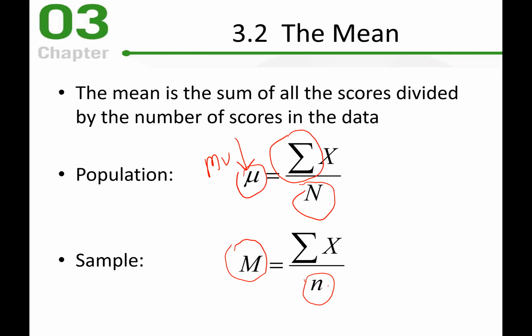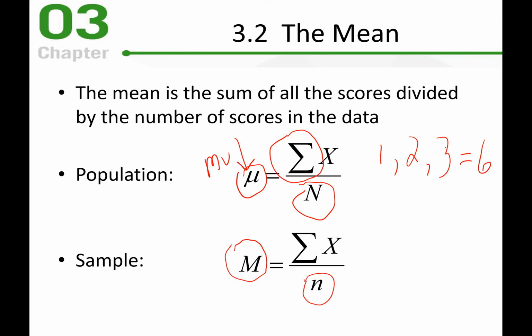I'm sure most people are familiar with the mean, but I'm going to do a quick calculation. Let's say we have a population of scores: 1, 2, and 3. If we add those up, that gives us 6, the summation of the X scores. One person got a score of 1, one a score of 2, a third a score of 3.